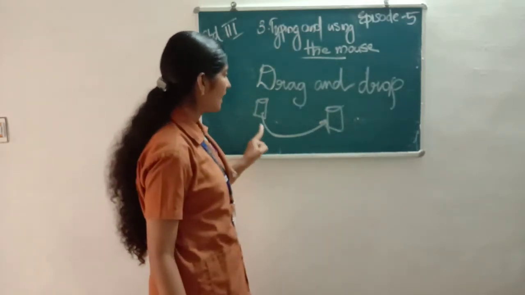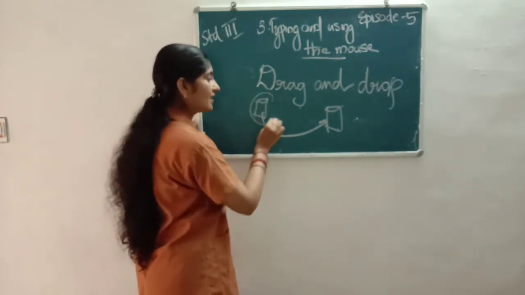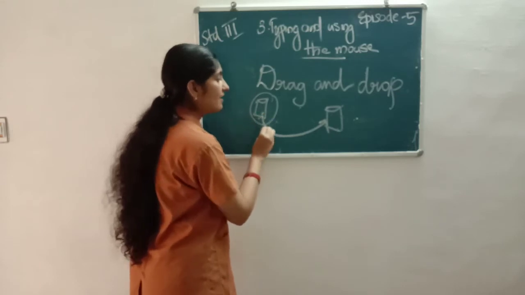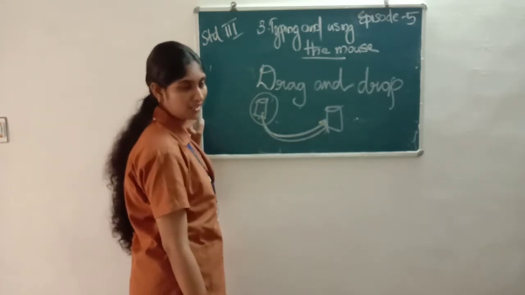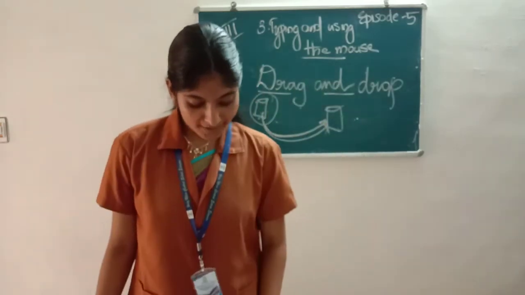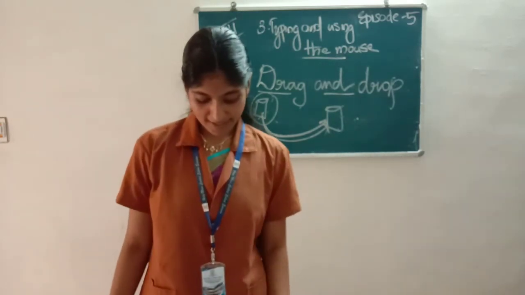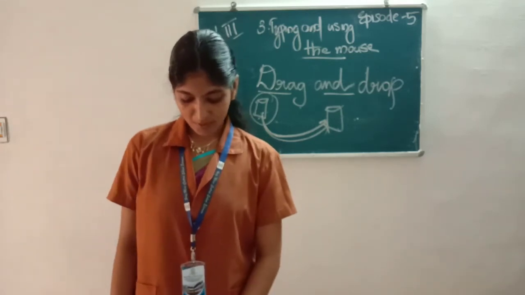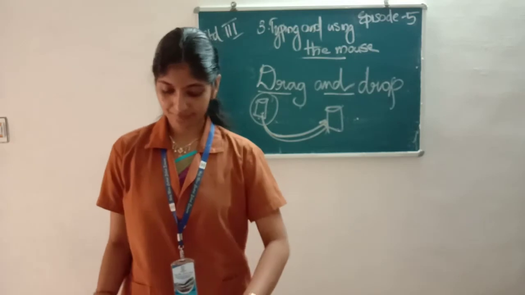So that is drag and then drop here. First of all, drag the file or a folder or whatever the application, then drop it into another location. That is drag and drop. Hold down the left button, move the mouse and release the mouse button at a new location. The drag and drop action is normally used for dragging objects from one position to another.